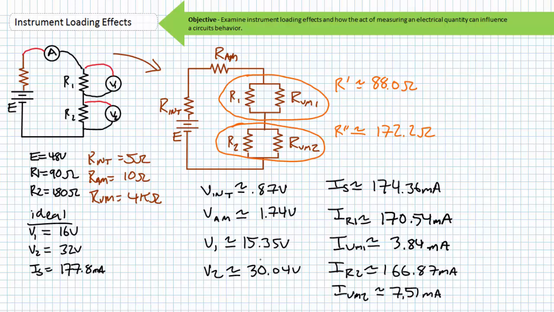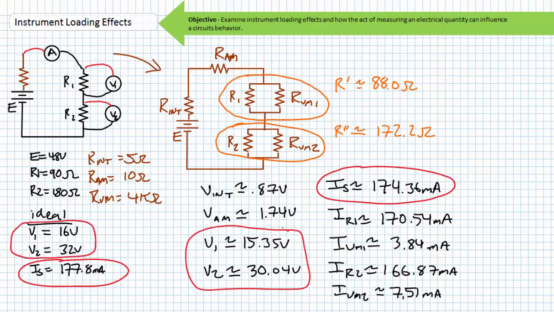Similarly, notice R2 experiences only 166.87 milliamperes of current because 7.51 milliamperes of the incoming 174.36 milliamperes is diverted through the voltmeter path. Notice even with these subpar instruments, the ammeter is still experiencing current very close to our ideal conditions, and the 2 voltmeters are reading values very close to ideal conditions.